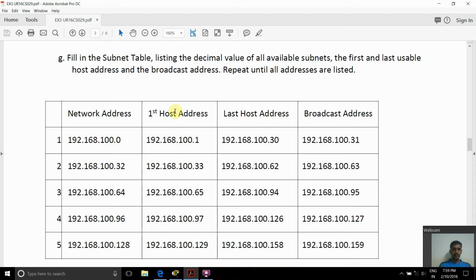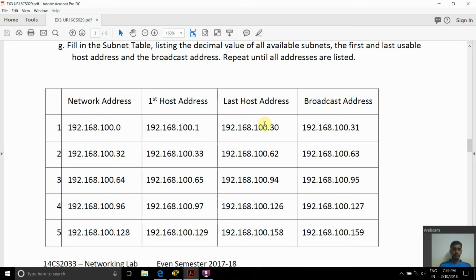The first host address is the one after this, that is 192.168.100.1. The last host address is 2 numbers prior to this. So it's 192.168.100.30. The last address is the broadcast address.